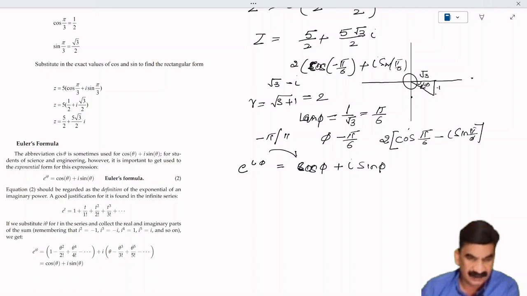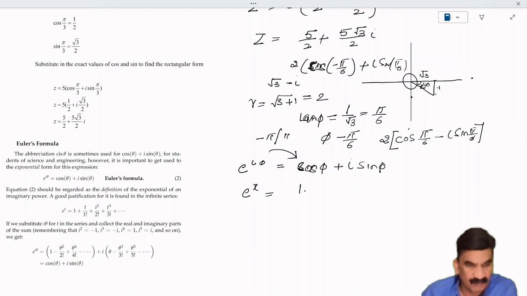Now, this is intuitive, in the sense that you will study it later. You can have an infinite series which we call the expansion. The expansion of e to the x is 1 plus x plus x squared by 2 factorial plus x cubed by 3 factorial and so on.